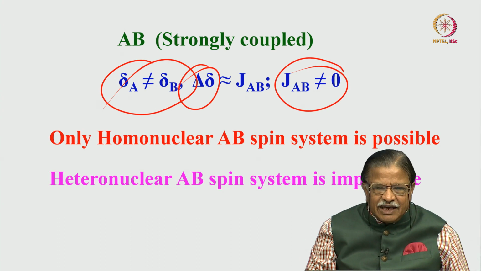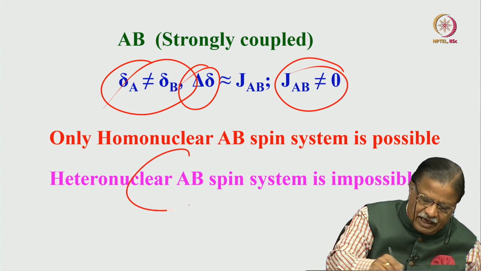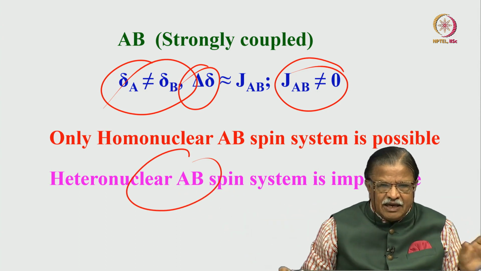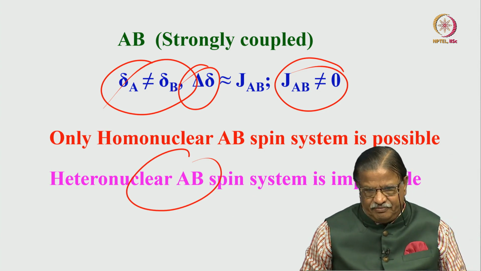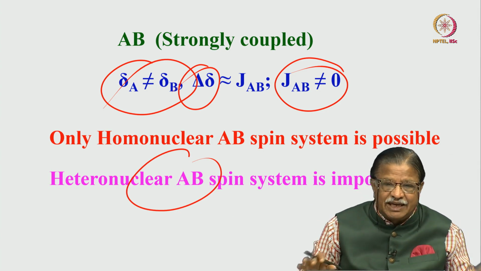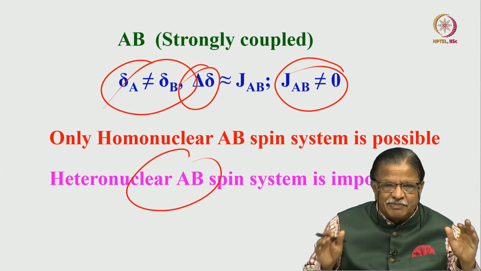If you think of strongly coupled two spins, you cannot get heteronuclear, because the chemical shift separation is of the order of several megahertz compared to a coupling of a few hertz. As a consequence, a heteronuclear AB spin system is impossible to get. You always deal with only a homonuclear AB spin system.